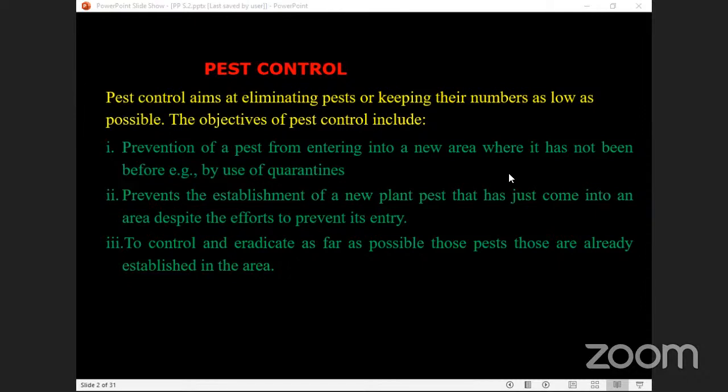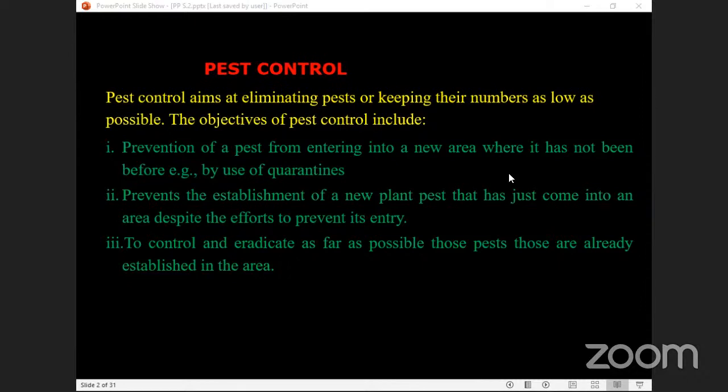So basically, today in this session, we are going to sum up on pest control. How do we control these pests if they have attacked our gardens? Pest control aims at eliminating pests or keeping their numbers as low as possible.